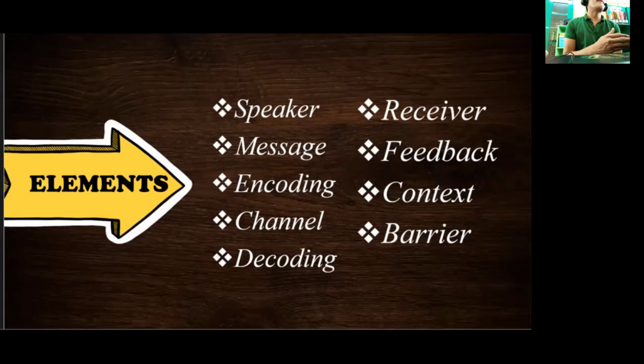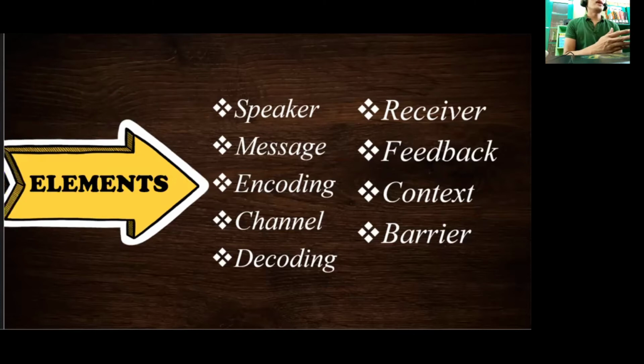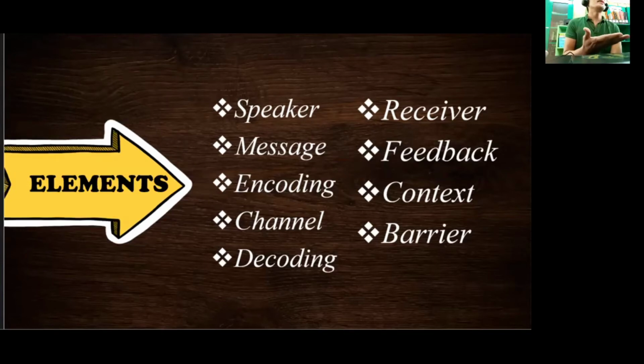A while ago we said that encoding is the task of the speaker, but this element, decoding, is the task of the receiver, wherein the receiver will try to understand what message was transmitted.